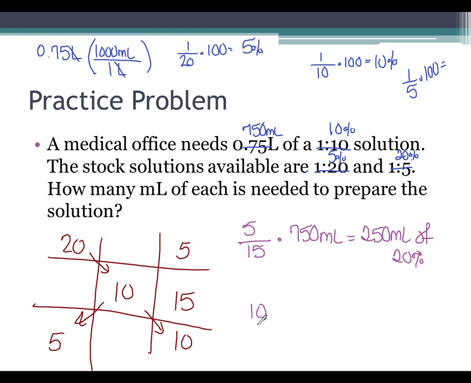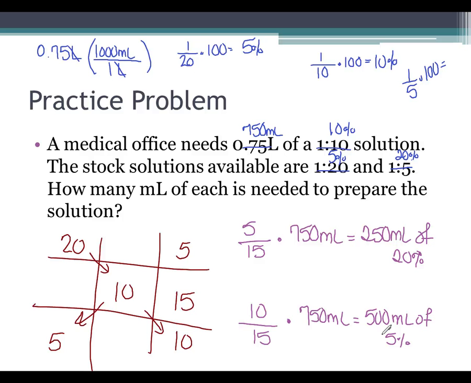I have my parts of my 5%, which is 10, divided by my total parts, which is 15. We're going to multiply that by 750, and I get 500 mLs of my 5%. If I add the two quantities together, I total 750, which is exactly how much I was asked to make.